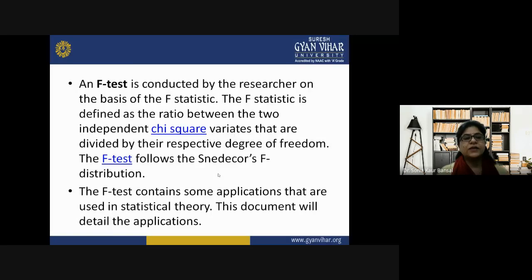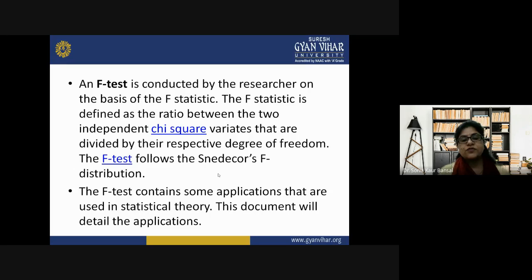Just understand it in one more way. An F-test is conducted by the researcher on the basis of the F statistic. The F statistic is defined as the ratio between two independent chi-square variates that are divided by their respective degrees of freedom.